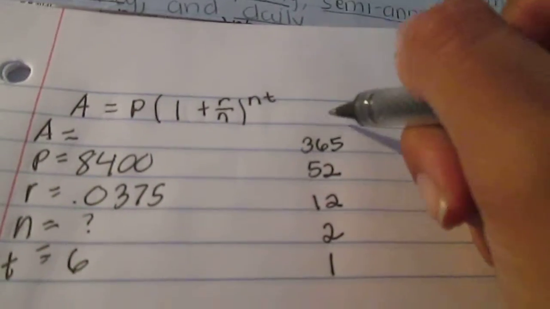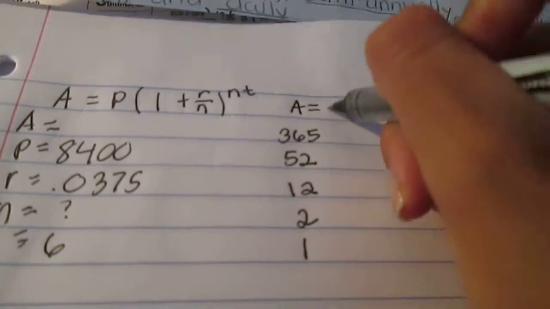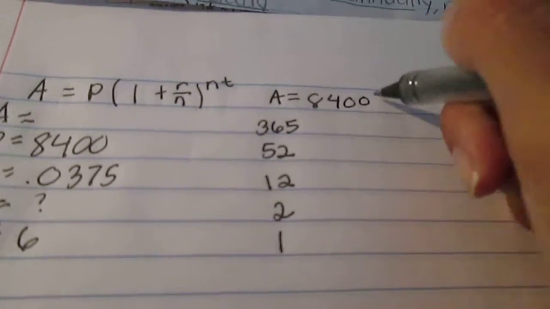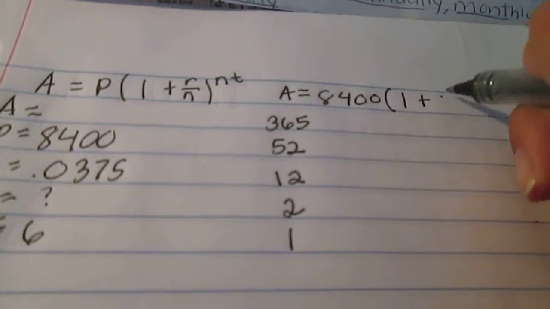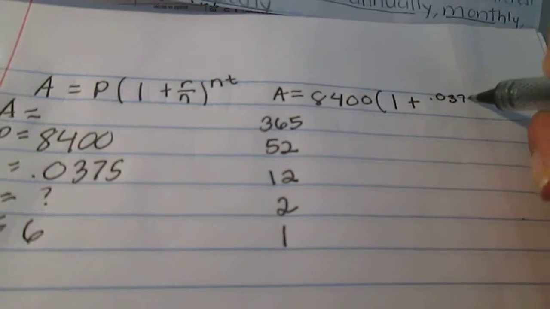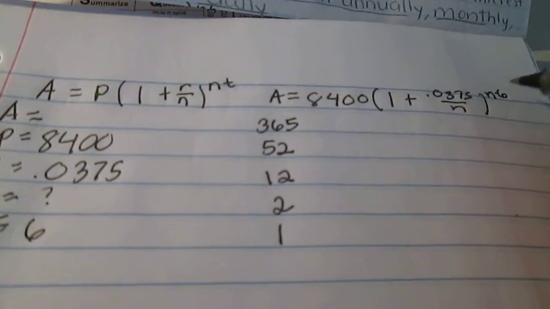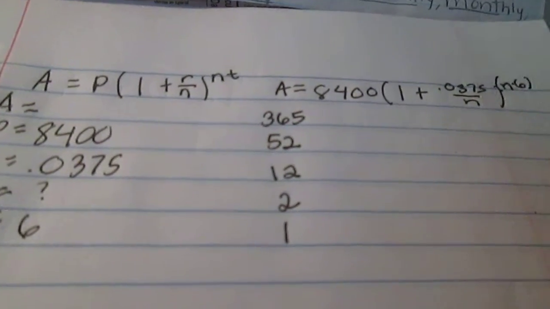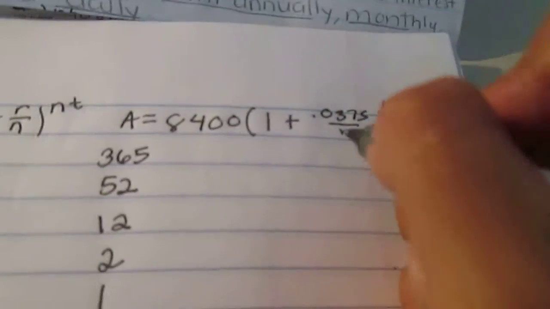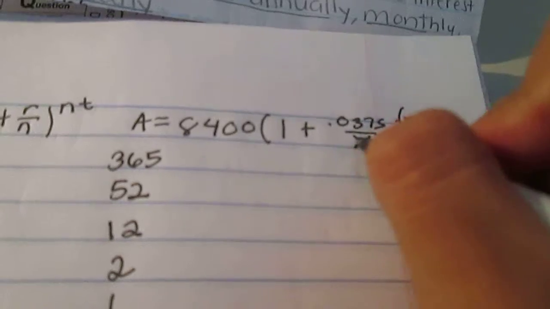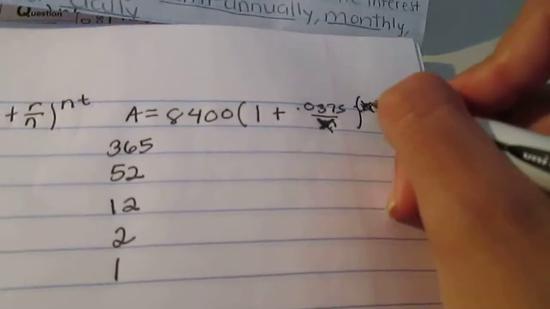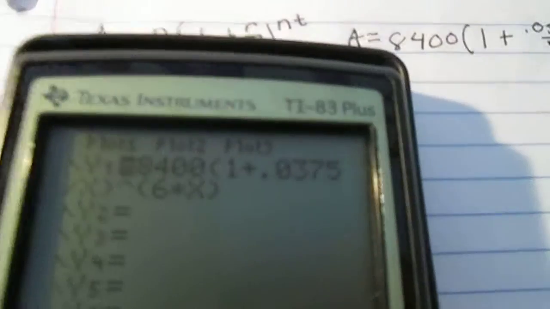So our equation is going to look like P times 1 plus r over n to the nt. And our n actually could be x because that's going to depend on which x value we plug in. So we could put that in our calculator. It's going to look like this.